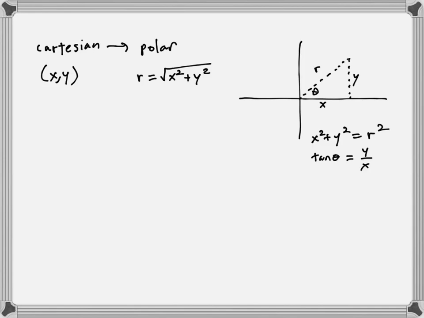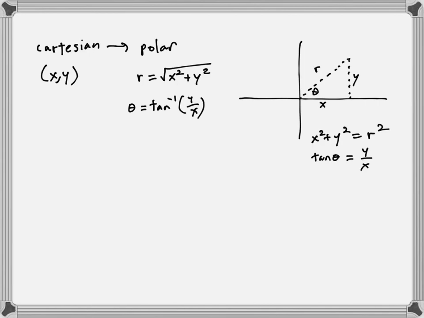So this means that theta is the arctan of y over x. However, there is something to know about arctan of y over x, okay?